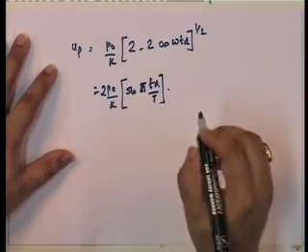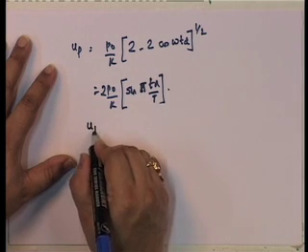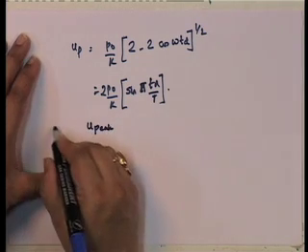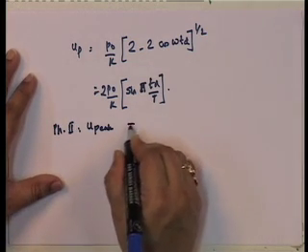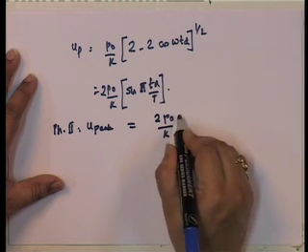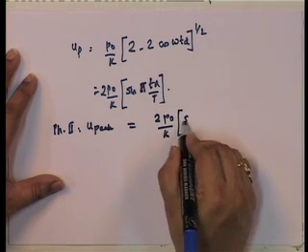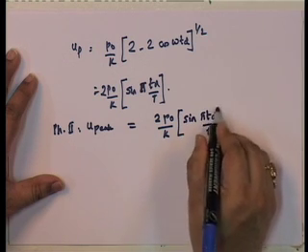Let me just write this down: the peak value in phase 2 is equal to 2 p naught upon k into sine of pi T d by T.